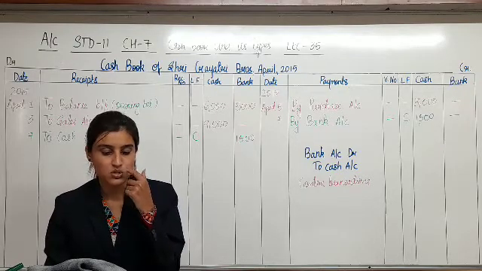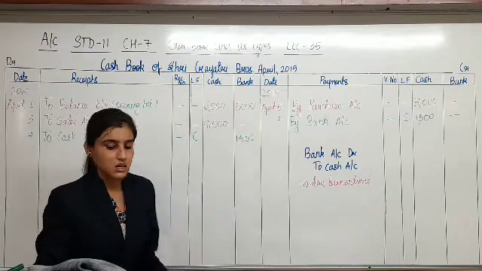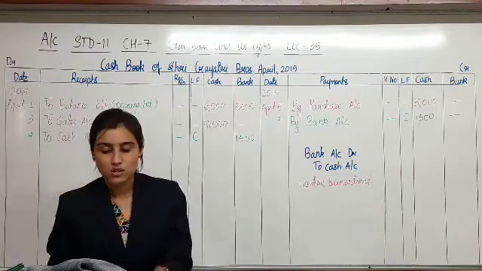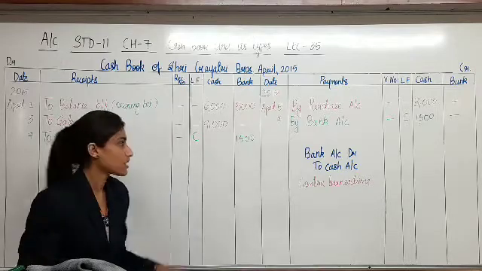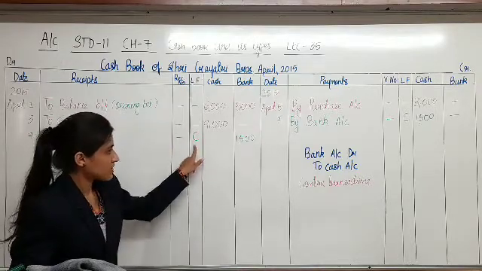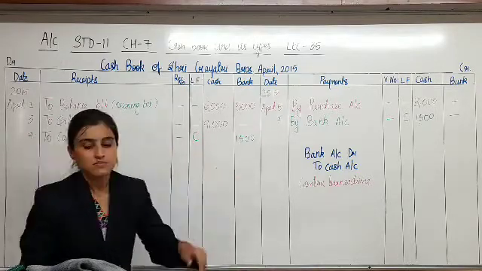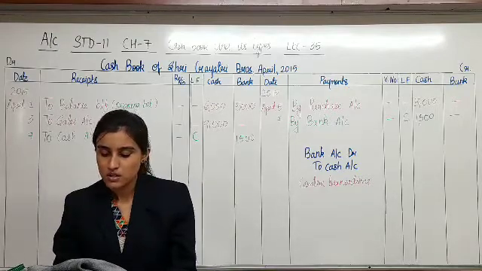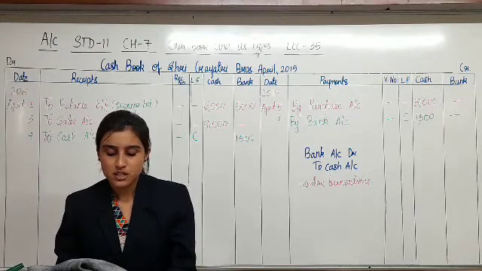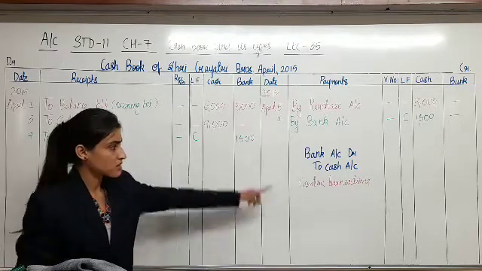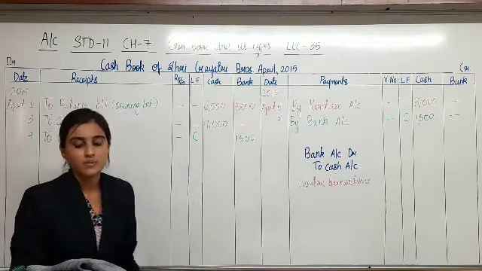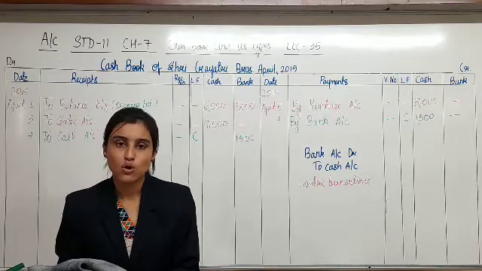Hence, posting is not required, but C will be written in the ledger folio LF column. See, we have written C on both the sides. Generally, contra transactions are of two types. Cash deposited in the bank, the transaction that we have understood. Second, cash withdrawn from bank.